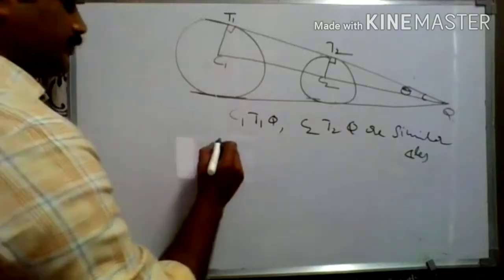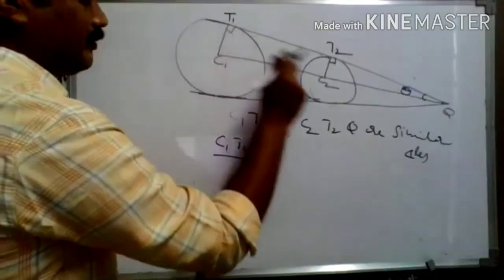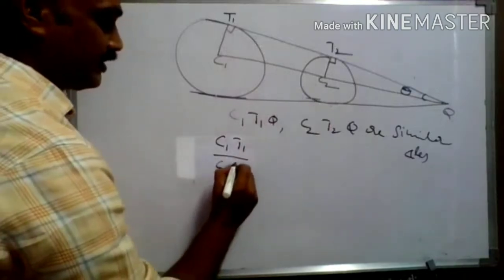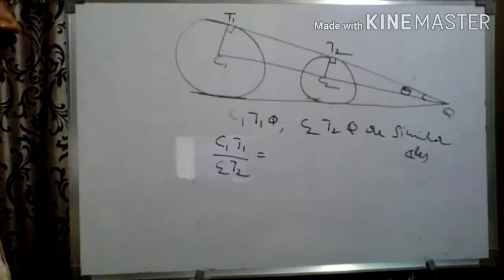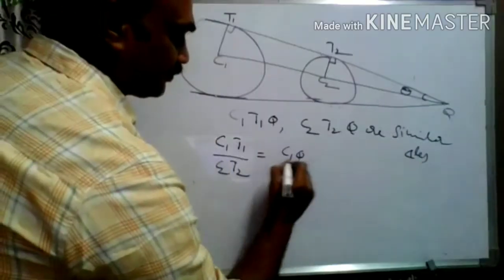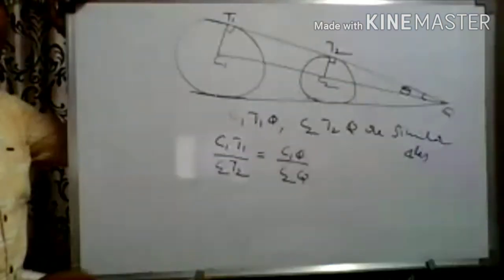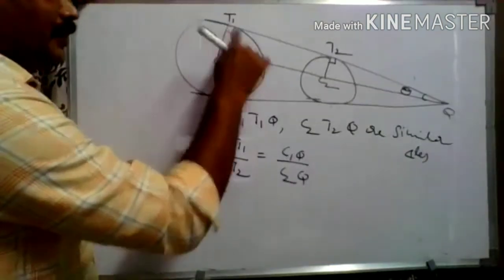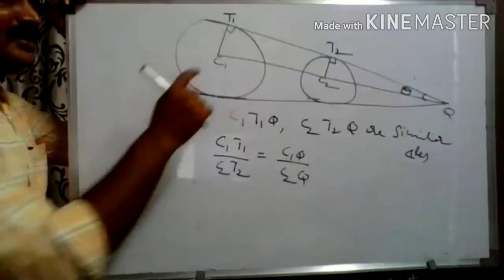Here C1T1 by C2T2 is equal to C1Q by C2Q. So apply the similar triangle property: in similar triangles, corresponding sides are proportional.